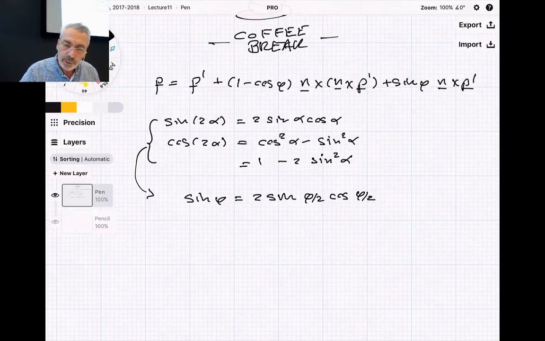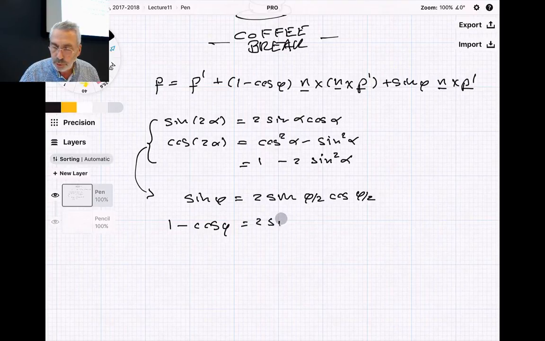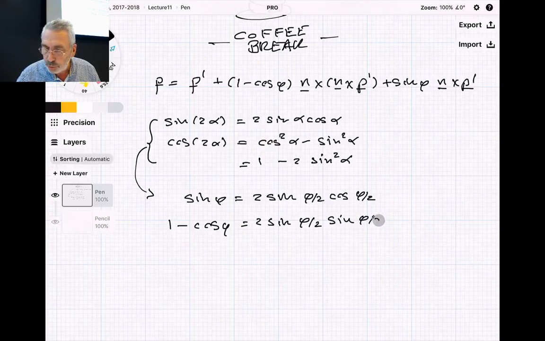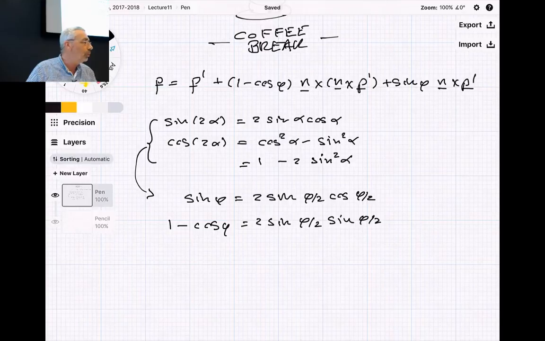And then the other part here, the 1 minus cosine phi, I'm going to get from this expression, right? And that is 2 times, well, you could say sine squared, but on purpose I write sine phi over 2 times sine phi over 2.